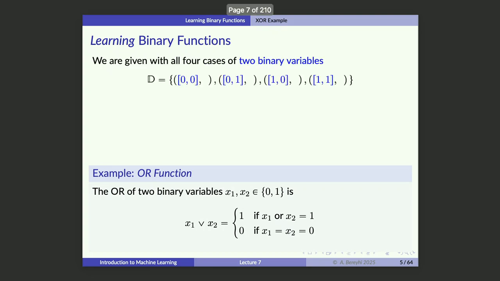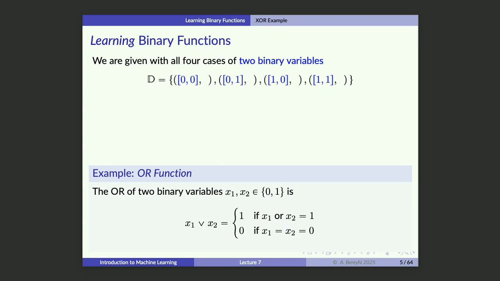And if I want to solve the learning problem, I can build one data set. So here is my data set. What are the samples that I have? All possible samples are the 4 possible cases of the binary inputs. So the 2 binary inputs could be 0,0, 0,1, 1,0, 1,1. I'm going to consider all possible cases. These are the samples, the data points that I have. And what are their labels?